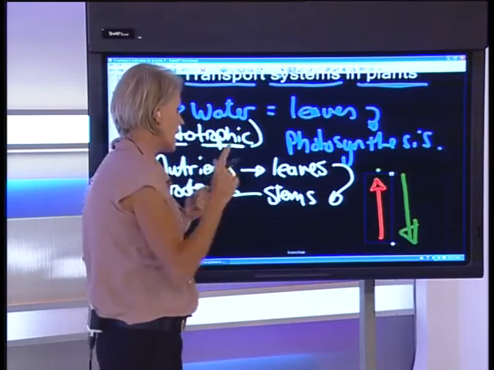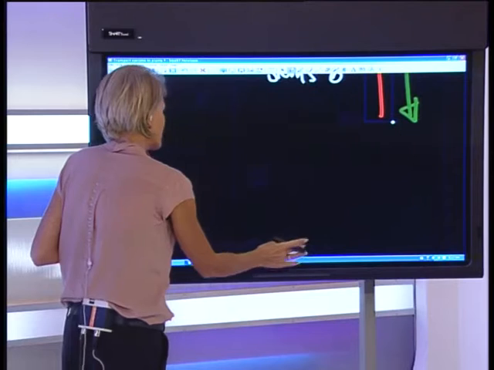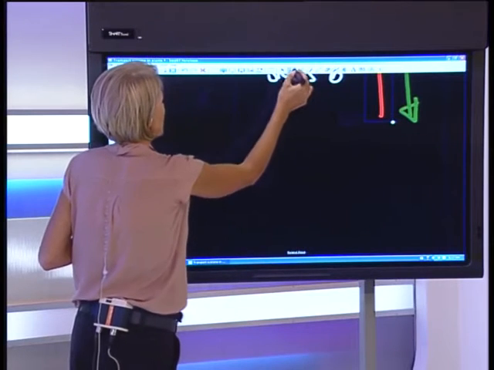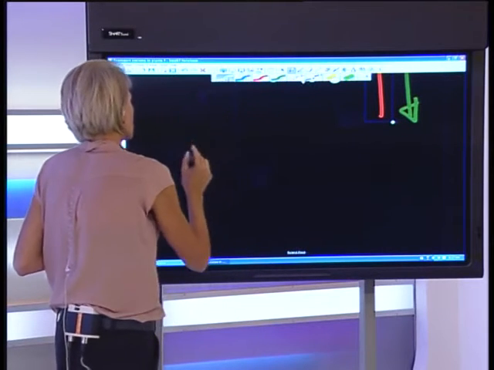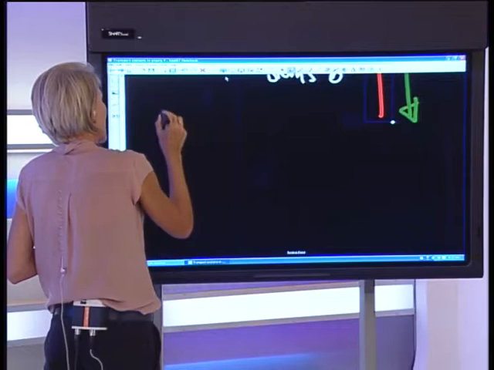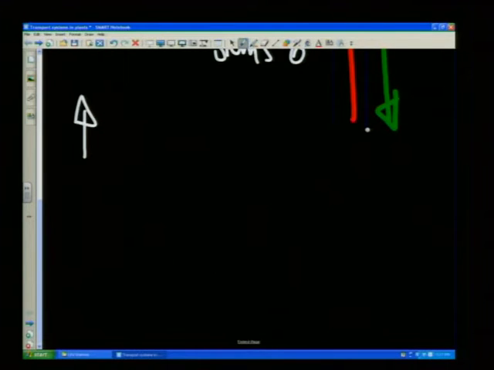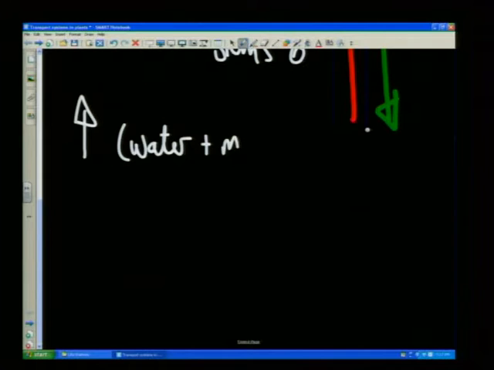Okay, now, our two structures that are going to transport things up and down a plant are, if it is going up the plant, in other words, I'm putting in brackets, the water, or H2O, plus mineral salts.